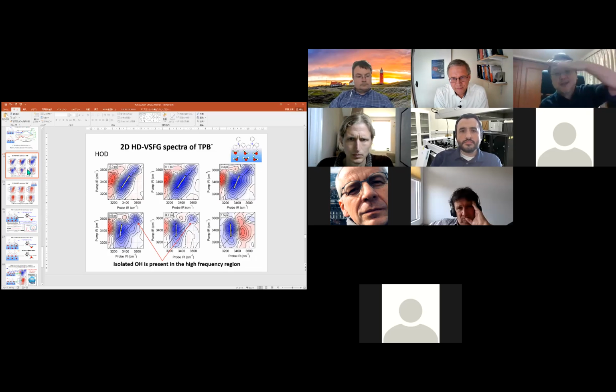But in the case of a charged interface, because of the electric field, the oriented layer is a little bit longer, not so huge, so that the signal becomes much stronger than the air-water interface. So in a sense, obtaining a nice 2D spectrum from the charged interface is easier than from the neutral air-water interface.